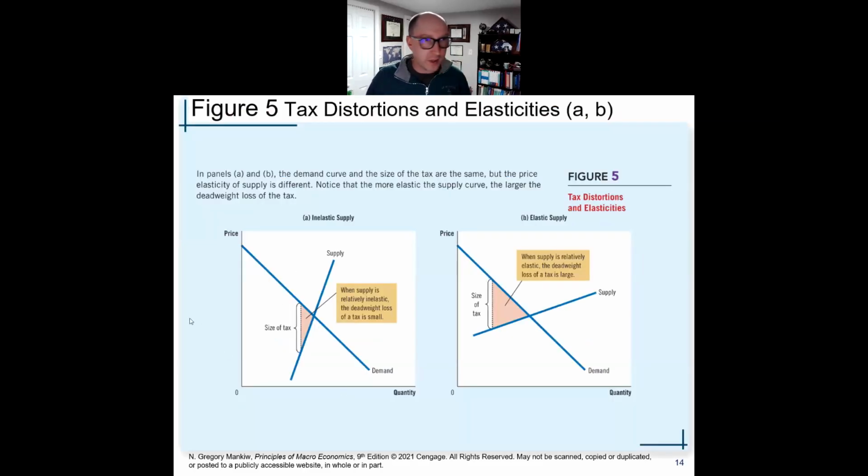And this is a nice graphical representation of that type of elasticity. When we introduce the tax, the price goes up. As we can see, when it's inelastic, it doesn't matter, right? When it's inelastic, it doesn't matter because the buyers are still going to buy.